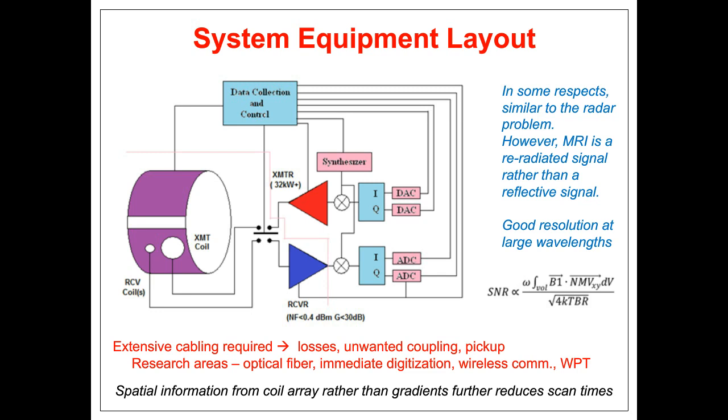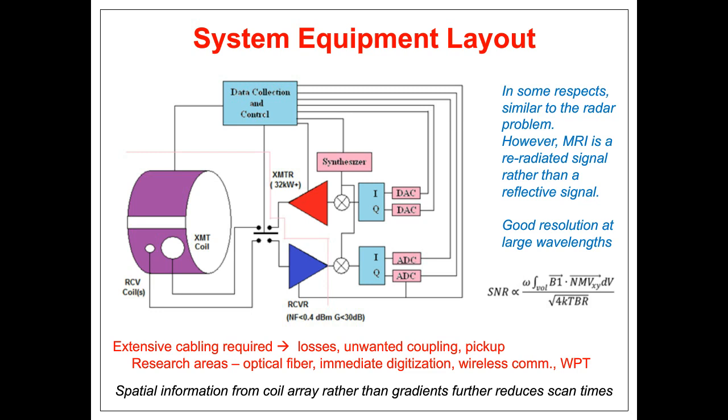But whereas radar looks at reflected signal and so therefore is wavelength dependent, you're actually looking at a signal coming back from MRI that's actually re-radiated. So even though you may have longer wavelengths, you still get very good resolution because of that. So like I said, similarities with radar are transmit on, transmit off, receive on. But the operation is completely different.